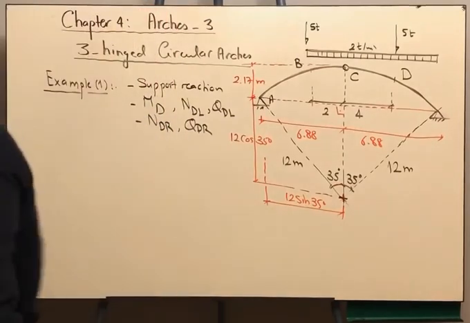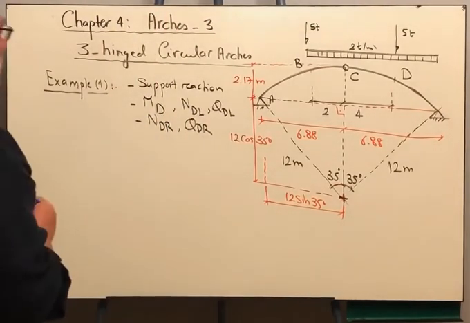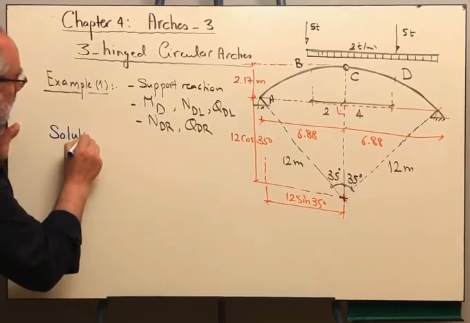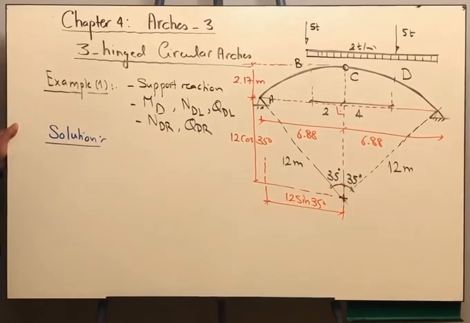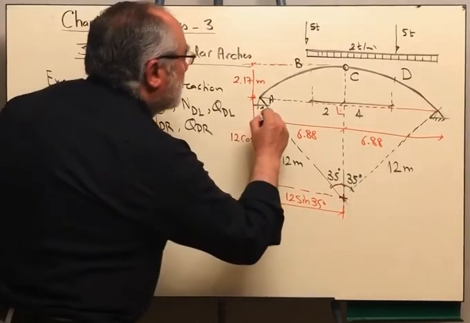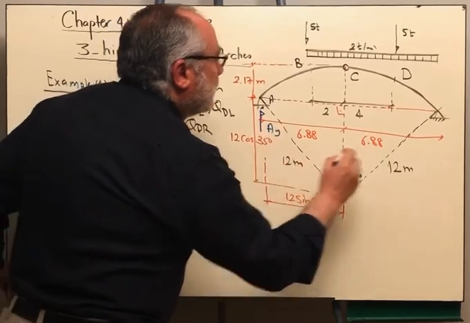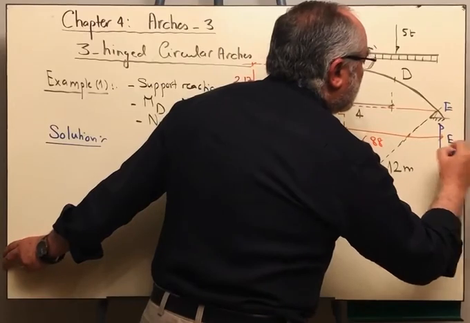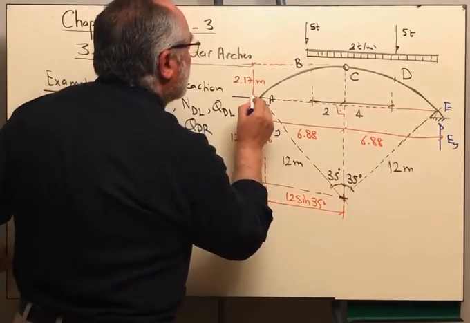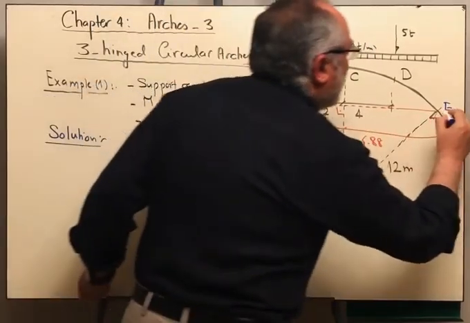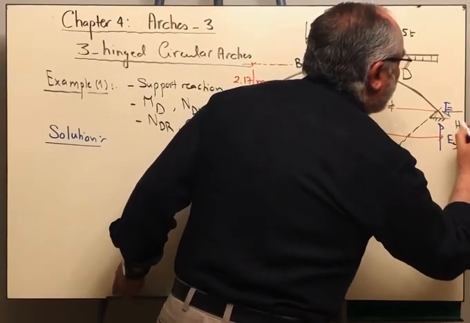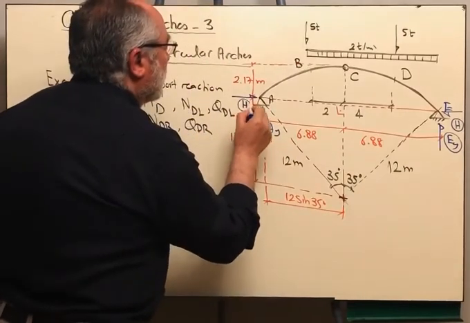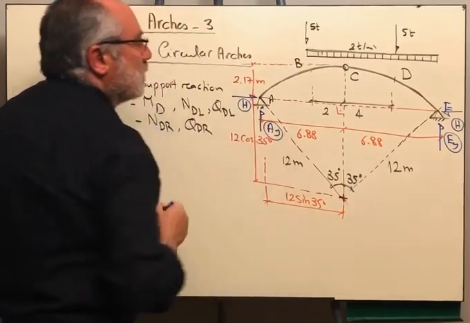So let me start here. Solution. Now we are having vertical reaction AY, and if this is point E, this is EY, and we are having horizontal reaction H, and horizontal reaction H. Okay?